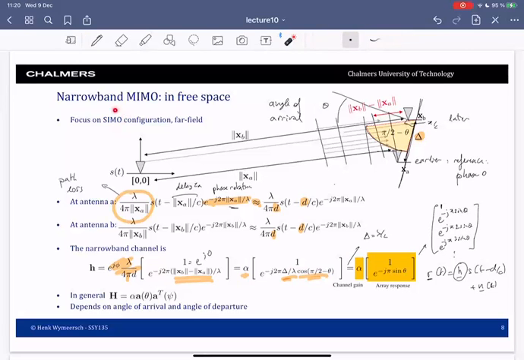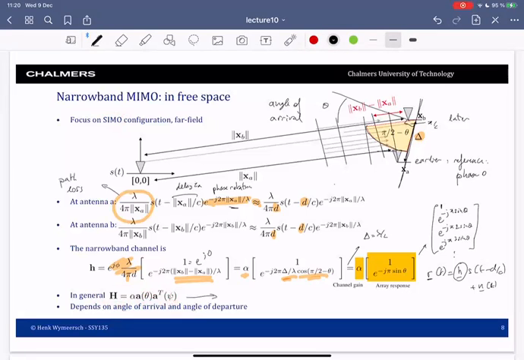Now this was for the SIMO case. You can generalize this to a MIMO case, and then you will have a channel matrix, which depends again on this angle of arrival, but also on the angle of departure. Okay, so this will be a more general case.